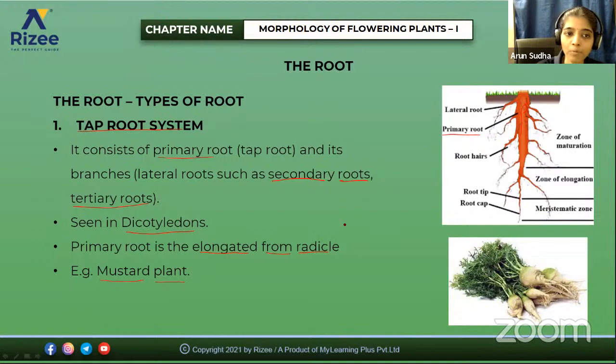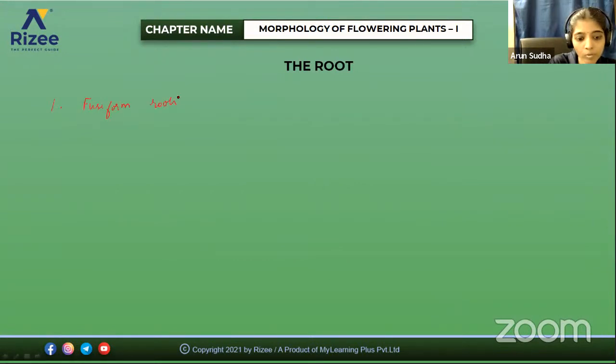In the taproot system, the taproot can actually be modified for other purposes like food storage. So we'll see about the different types of modifications that happen in the taproot. The first one is the fusiform roots or spindle roots.